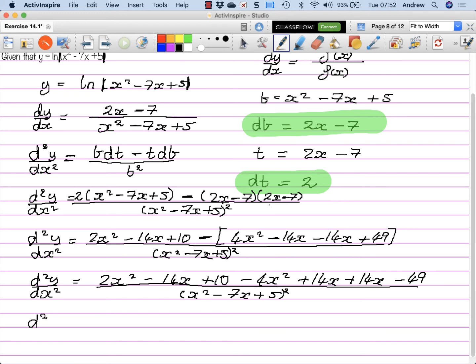So the final line, d2y by dx squared is equal to, well, 2x squared minus 4x squared is minus 2x squared. Minus 14x plus 14x cancels, so we're left with plus 14x. Plus 10 minus 49 is minus 39. All over x squared minus 7x plus 5 in brackets to be squared. Never square out the bottom when you're doing the quotient rule.